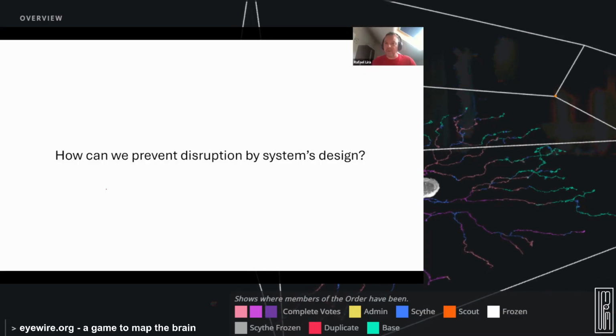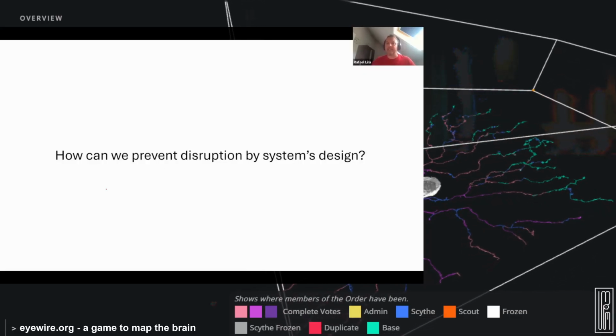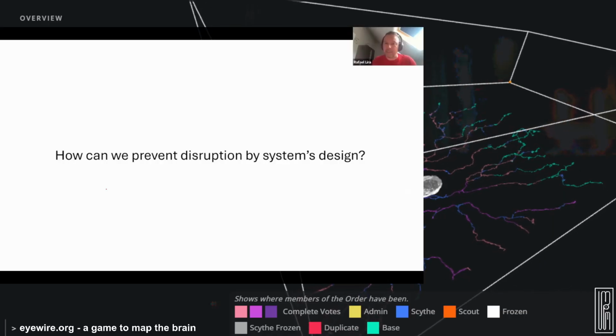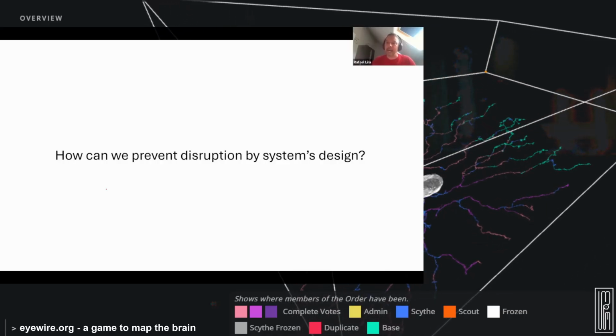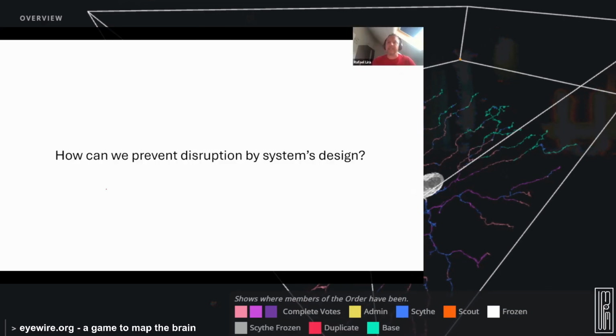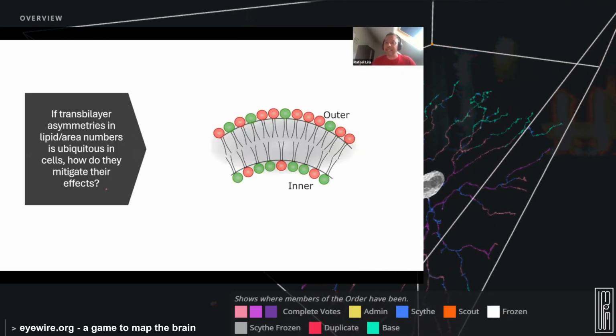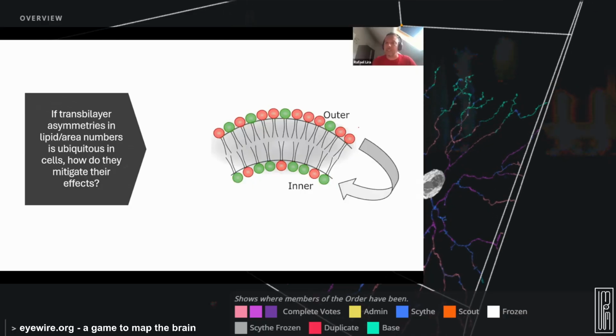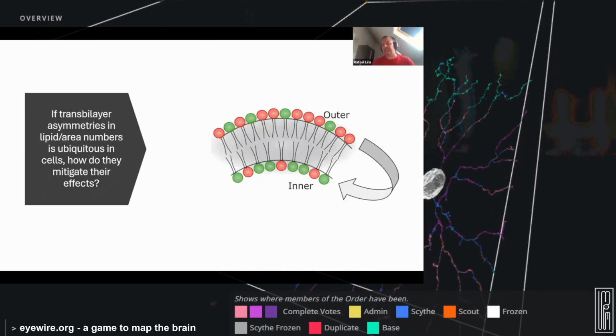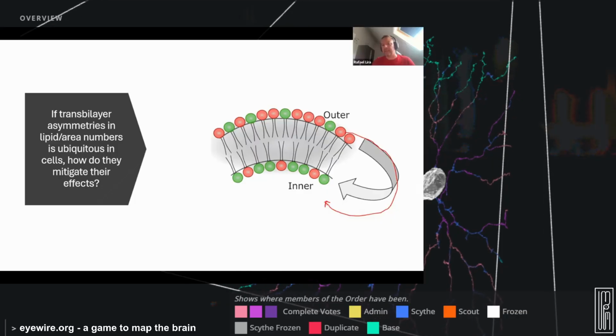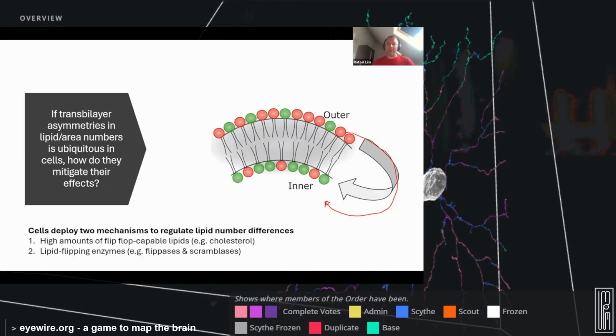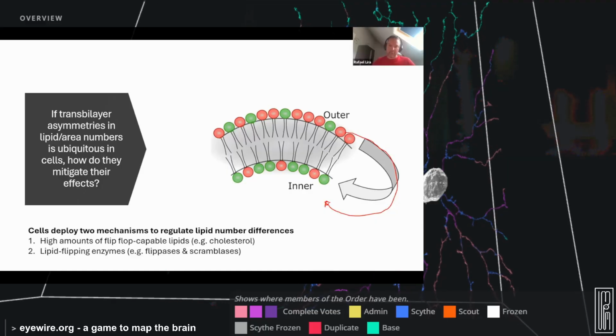Can we prevent pore formation in the first place by systems design? So we start with a system that will grow, but it will not have such an asymmetry increase. So the idea is that we would move the excess of lipids from the upper to the bottom leaflet. The way cells do that is two ways.